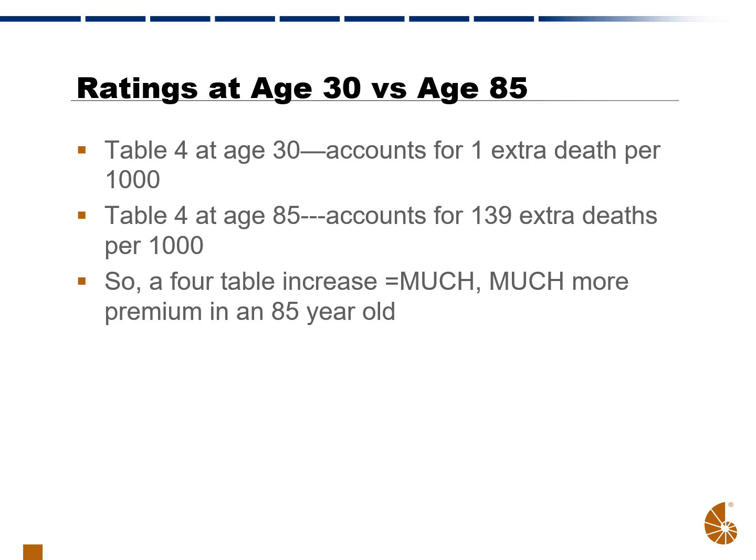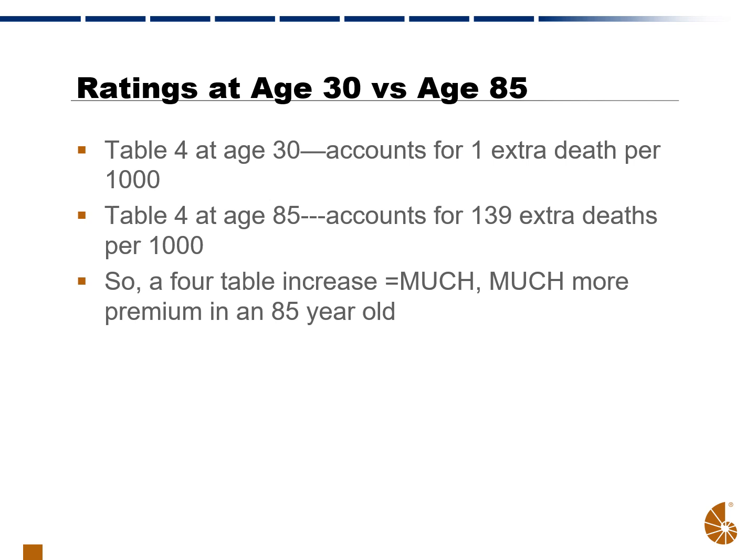So let's look at ratings at age 30 versus age 85. A table 4 at age 30 accounts for 1 extra death per 1,000. A table 4 at age 85 accounts for 139 extra deaths per 1,000.